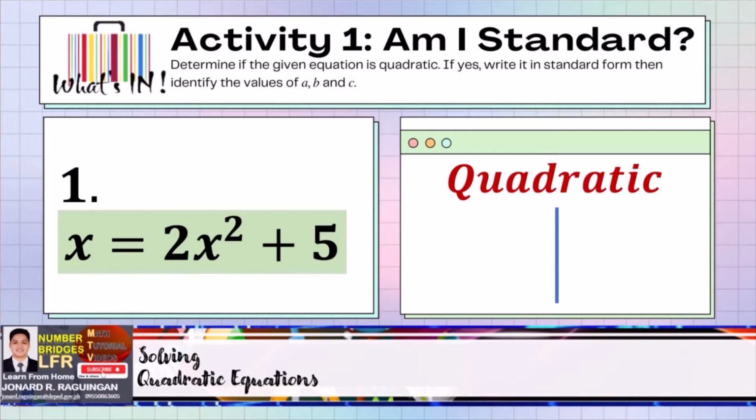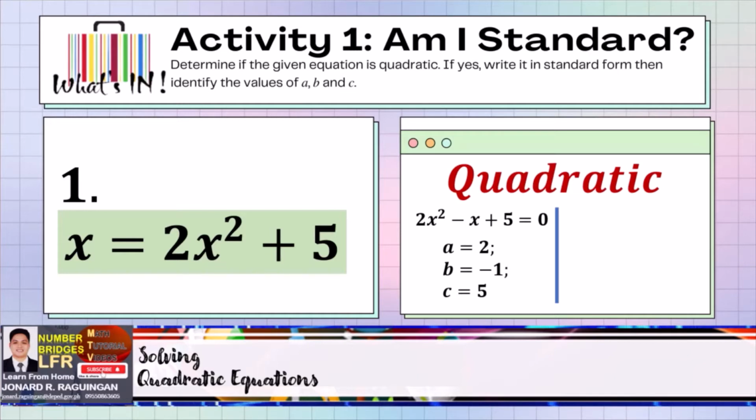Applying the properties of equality, we have 2x squared minus x plus 5 is equal to 0. The values of a, b, and c are as follows. A is equal to 2, b is equal to negative 1, c is equal to 5.